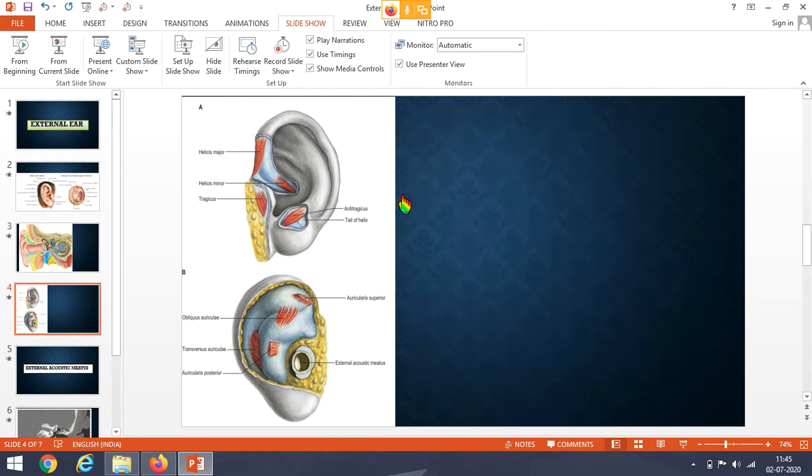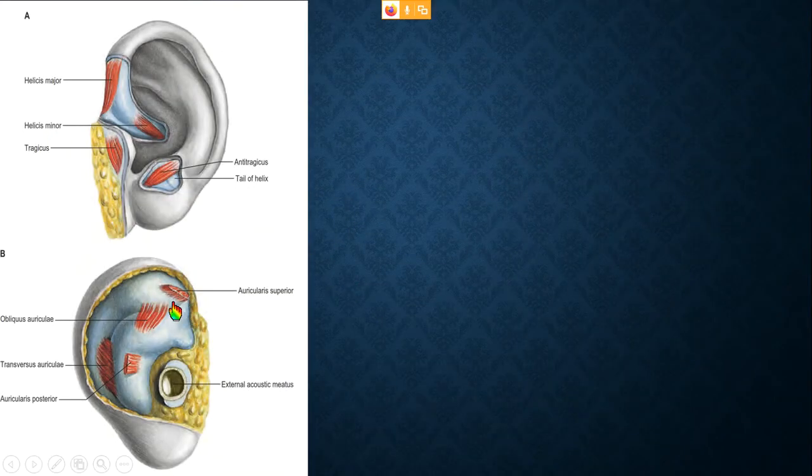These are the extrinsic muscles. In this picture, we can identify auricularis superior over here, and here auricularis posterior. So these are the extrinsic muscles of the auricle.